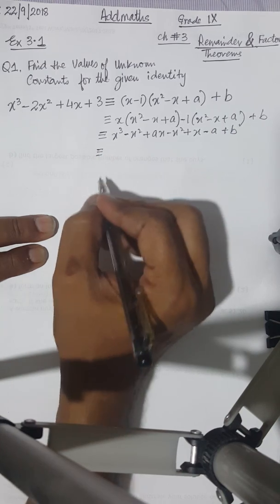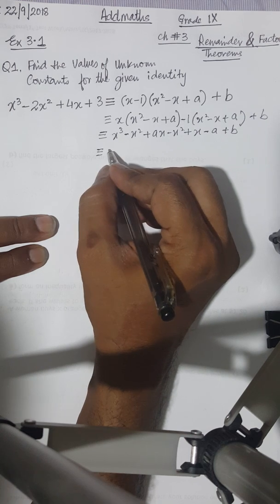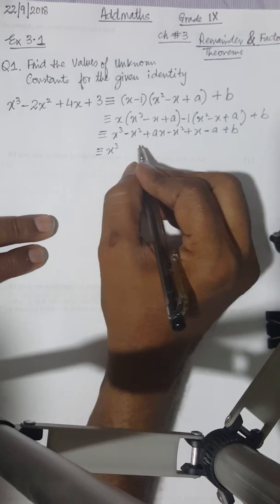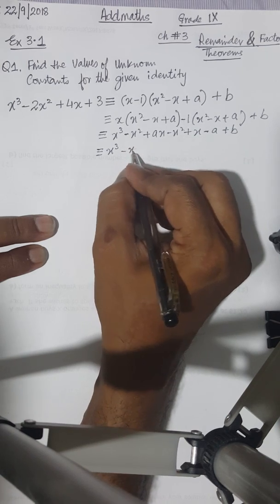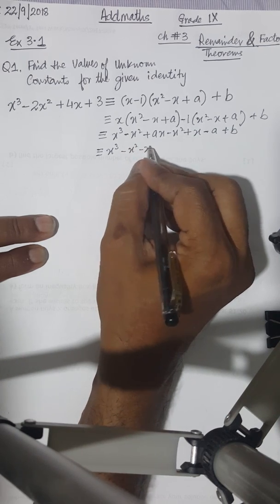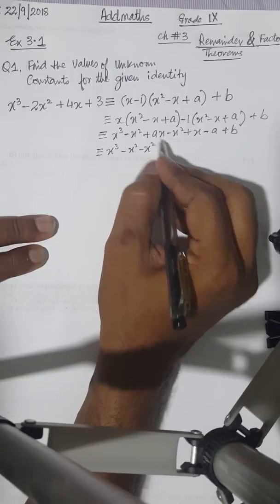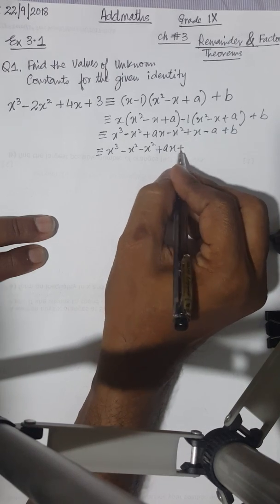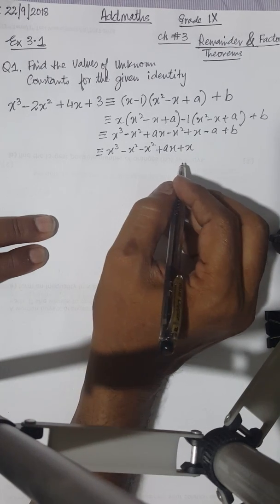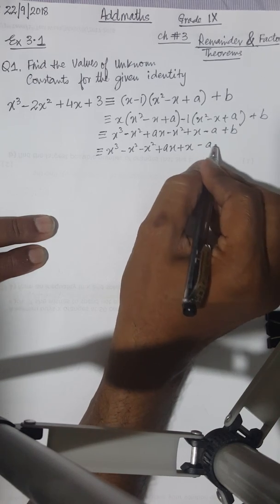Okay, now we'll try to simplify it by adding the like terms. So x cube is alone, we can see x square, we can see another x square, we'll write them together, x square minus another x square. We have terms in x: plus ax plus x. In the end, we're going to write the constant terms, negative a plus b.